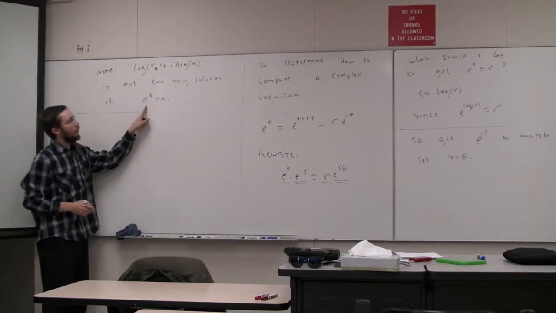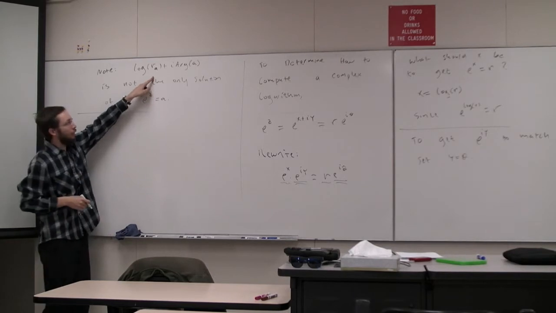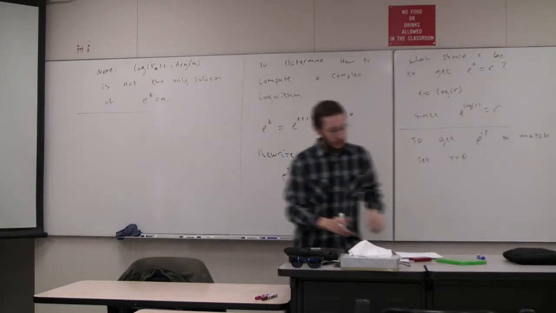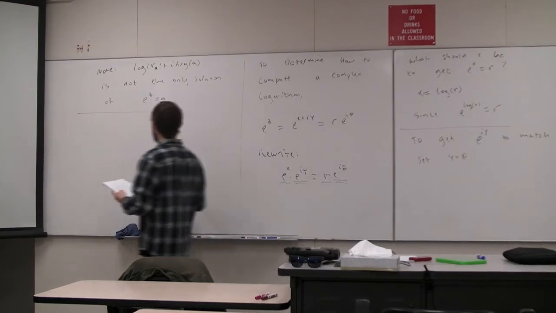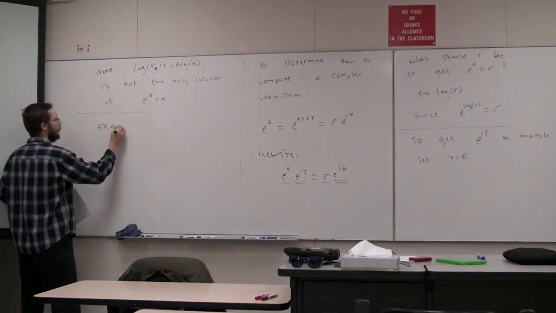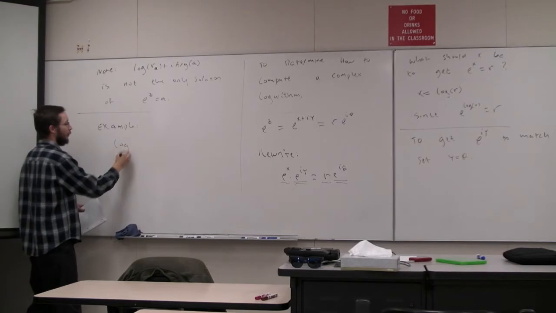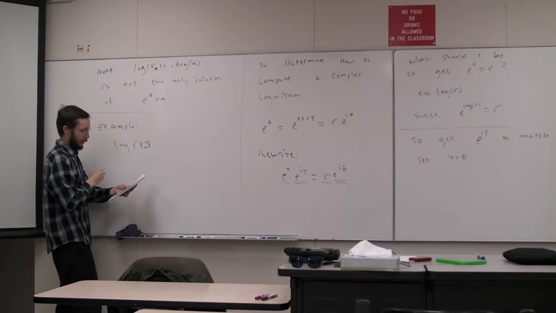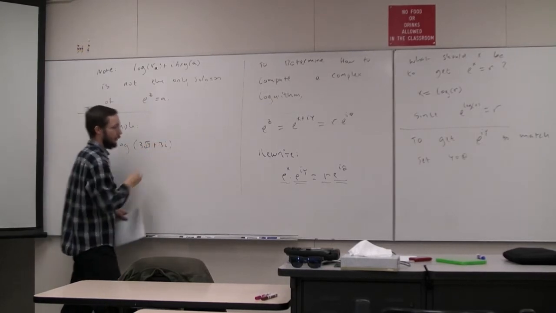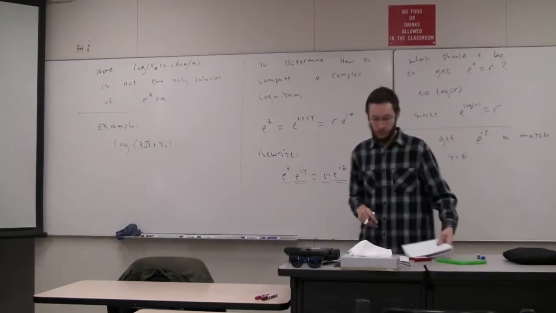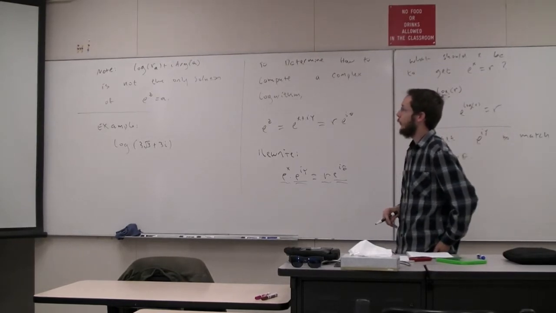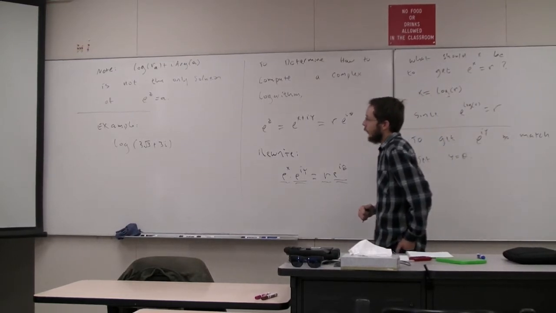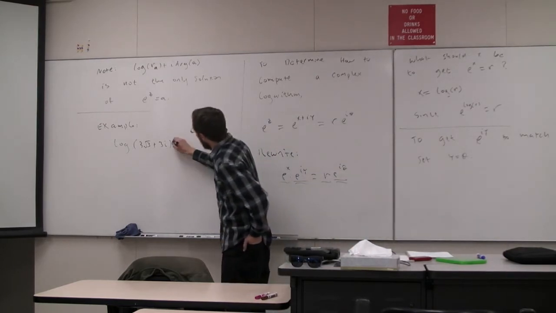And to get a sense of how this thing fails to capture all the solutions, like I said, we're going to take a look at an example. Let's compute the log of 3 square root of 3 plus 3i.